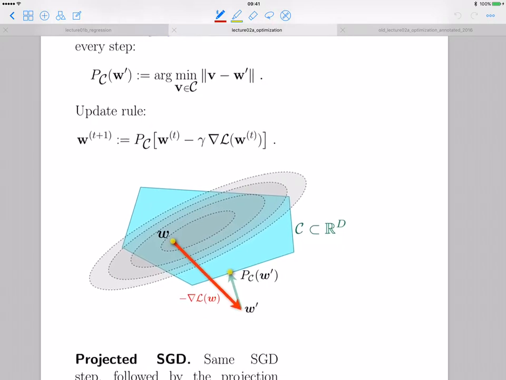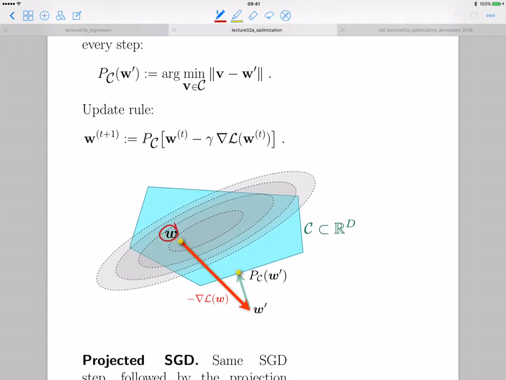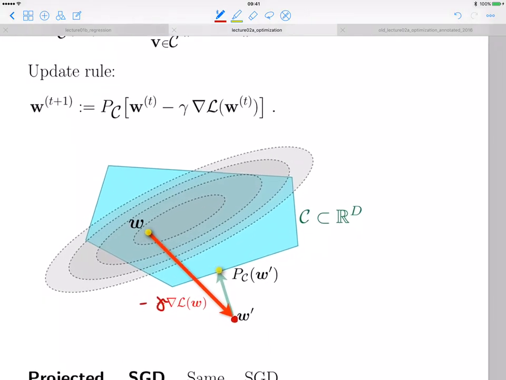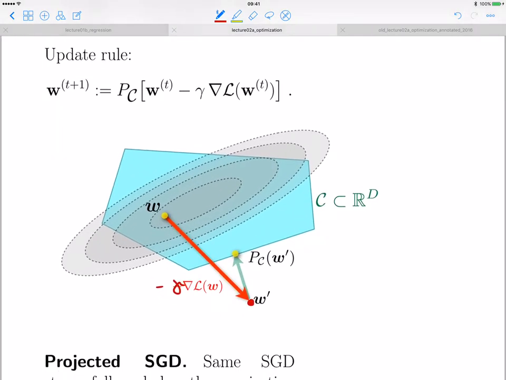Let's do this step by step. We are currently here at the point w, and we want to perform the step that we are all used to. So we want to go some step size times the negative gradient. We want to go here. Okay, that's what we all used to do. That's going to happen from time t to time t plus 1.